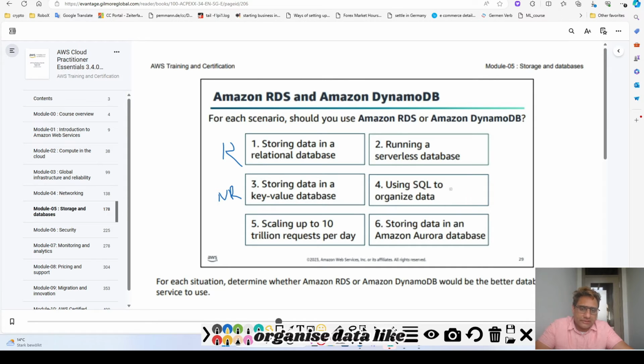Using SQL to organize data, like Structured Query Language, is definitely relational again. Scaling up to 10 trillion is non-relational, like DynamoDB. Amazon Aurora is already a relational database service. And running a database for serverless, I guess DynamoDB is a good option.